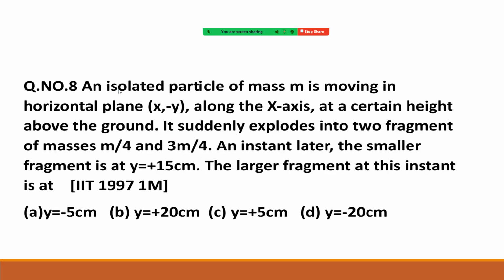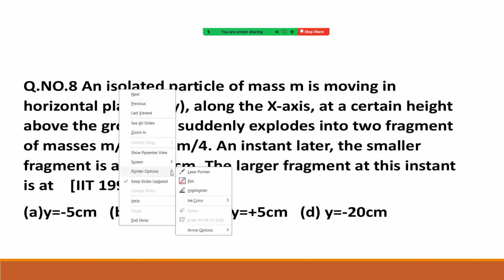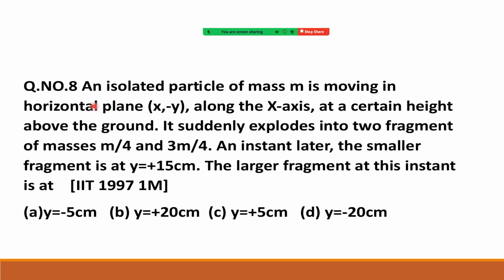let's see the next one. An isolated particle of mass m is moving in a horizontal plane along the x-axis at a certain height above the ground. It explodes suddenly into two fragments of masses m by 4 and 3m by 4.